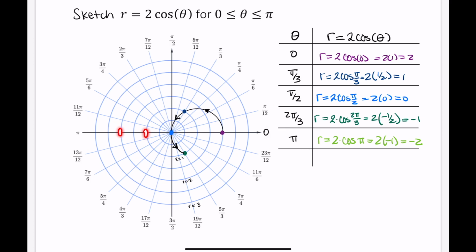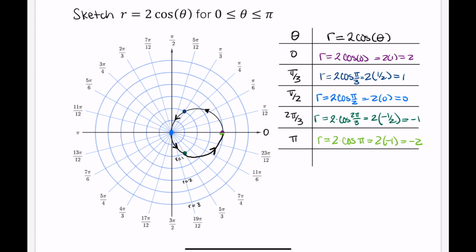Well, here's 1, here's 2. This is r equals 2. So r equals negative 2 is here on the opposite side. So your point goes here. And look, that is where we started. So I'll just color in half of this point. There we go.